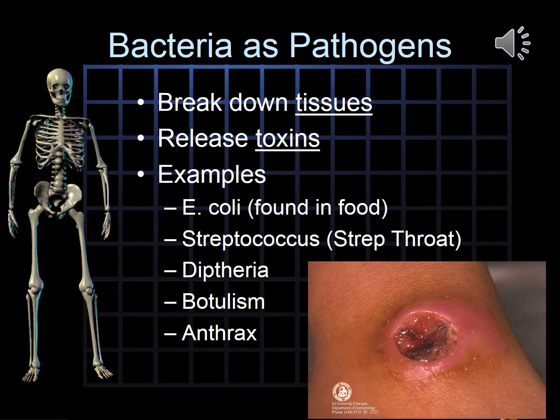Those can kill you because these bacteria either eat your tissue, so they eat you away from the inside out, or they produce so much bad stuff as they're eating you that it kills you. So they work in two different ways.